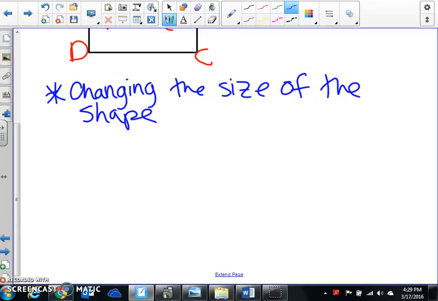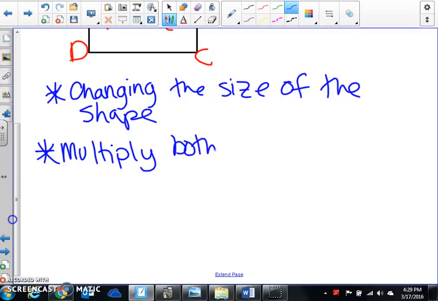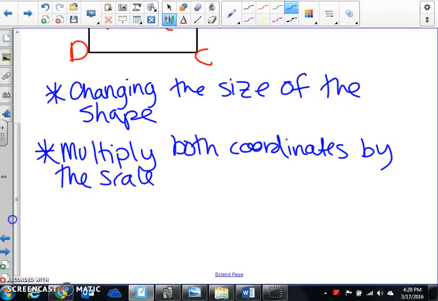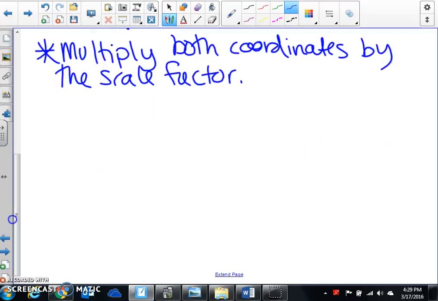What you do is you multiply both coordinates by the scale factor. Okay? If the scale factor is a fraction, it's going to get smaller.